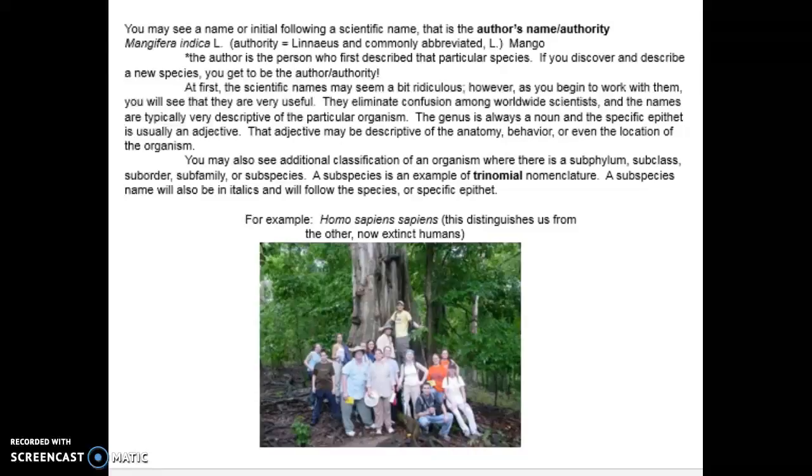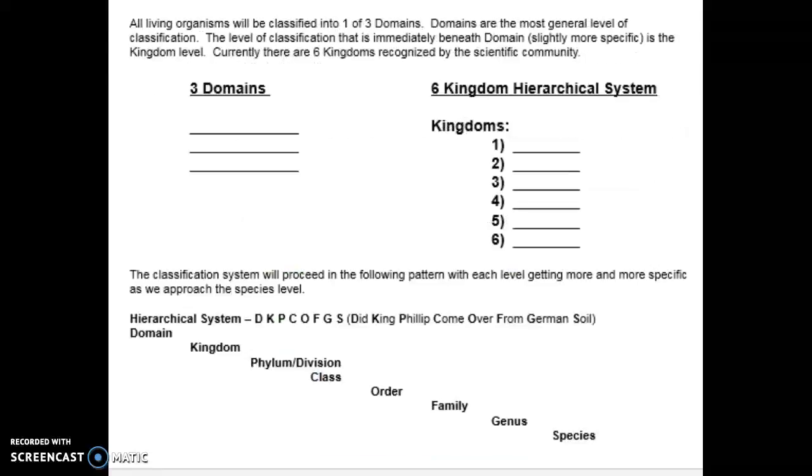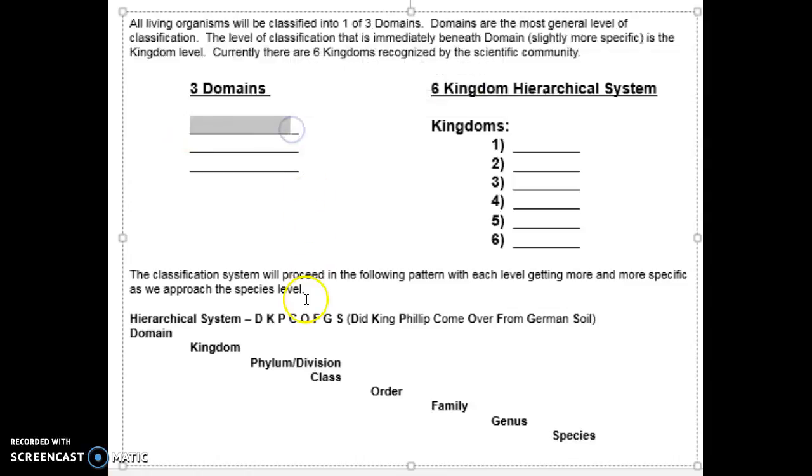All right, so the big things we want to look at with naming is, how do we start out? Well, when we start naming, we need to place the organism into a domain. Currently, we have 3 domains recognized by the scientific community.